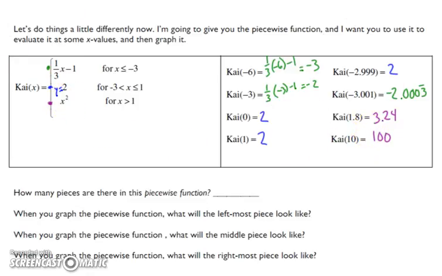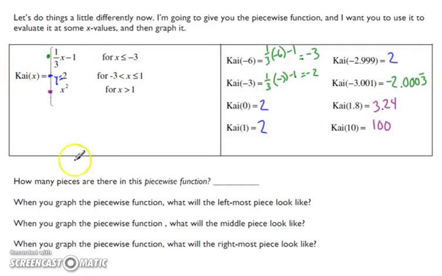All right. So let's answer the questions then. How many pieces are in this function? I just color-coded them, 3 pieces. So when I graph it, I'm not going to do it yet, but when I do, the leftmost piece, so the big giant negative numbers all the way up to wherever my first stopping point is, right here, is going to be my leftmost piece.